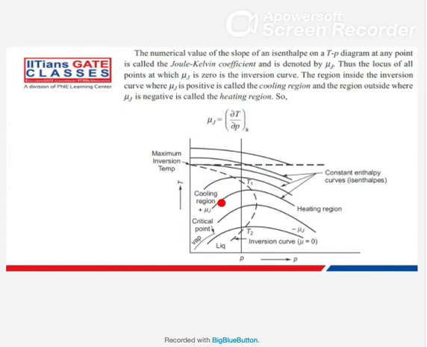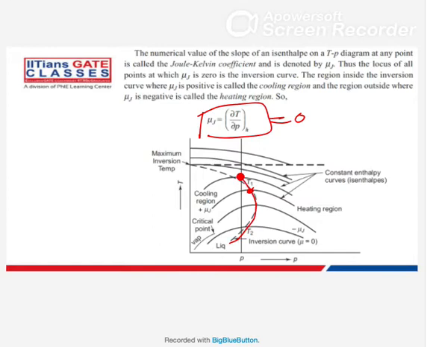Now if they ask you to calculate the mu value and tell whether it is in the cooling region or heating region, then you calculate the slope. If it is coming negative, then it is a heating region, and if it is coming positive, it is a cooling region. And if the mu value is 0, then you are lying on the inversion curve itself.